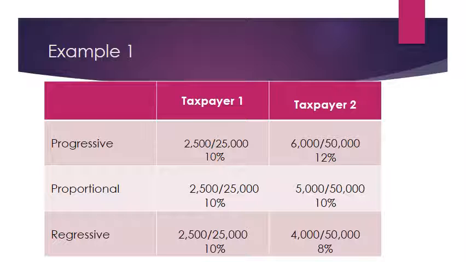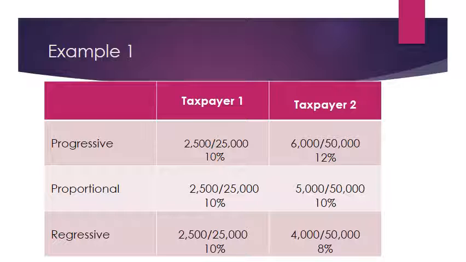So in this case, this income tax is actually progressive, because taxpayer 2, who is earning a higher income, £50,000, is actually paying a higher percentage of his income, that's the effective tax rate, as a tax, compared to taxpayer 1, who only pays 10%.